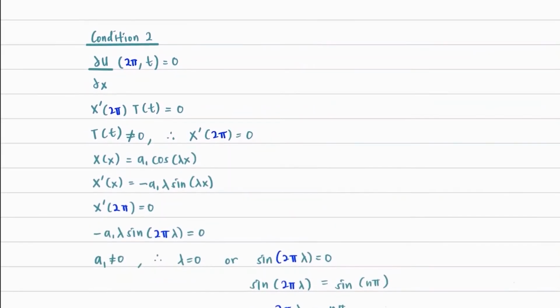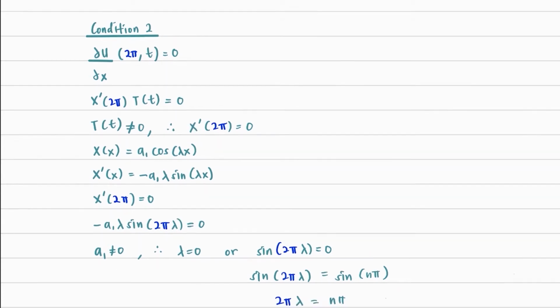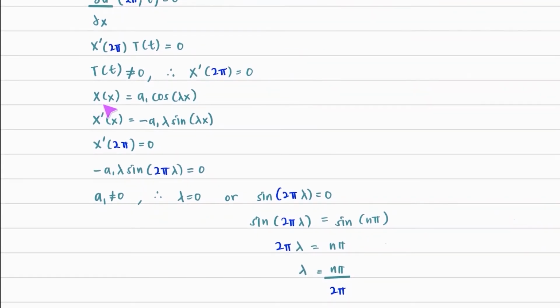Apply the second condition, which is ∂U/∂x(2π,t) equal to 0, X'(2π)T(t) equal to 0. T(t) does not equal to 0, remember that. And therefore, X'(2π) equal to 0. This is the X(x) for when a2 equal to 0, a1 cos lambda x. Differentiate this function with respect to x.